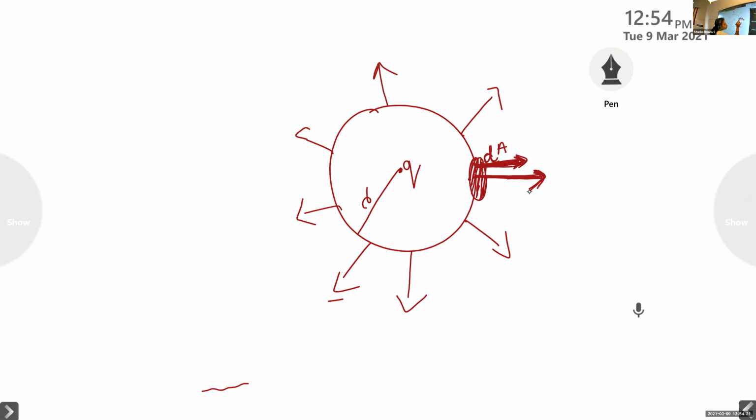Both of them have the same direction, so the angle between them, theta, is 0 degree.